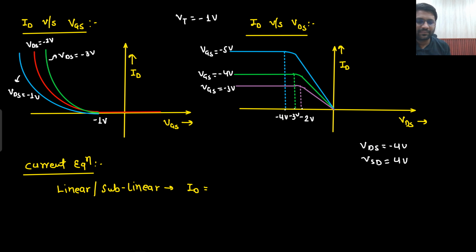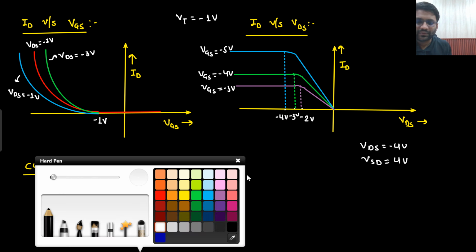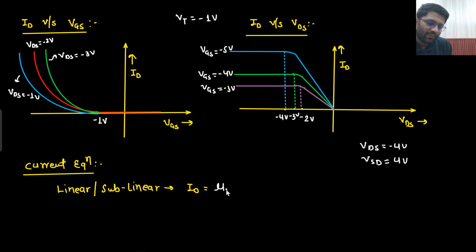Okay. Current equation. Can we write down the current equation as well? Surely we can. What will be the equation? Here mu p would come, right? Mu p COX W by L. Here we will write VSG minus mod of VT into VSD minus VSD square by 2. Because VT would be negative, no? That's why mod of VT.